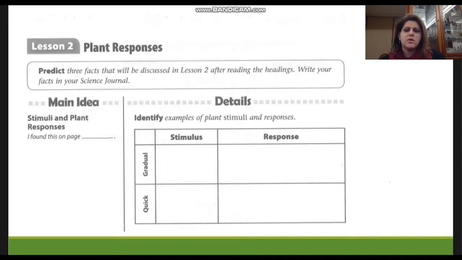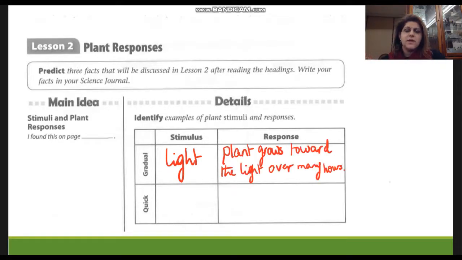So we're going to start with the gradual one. Example, light. Okay, so this is a stimulus, the easiest one for the plant, or this is what the plant needs, light. So what would the response be? Now, the plant will grow toward the light over many hours. So this is why it's gradual.